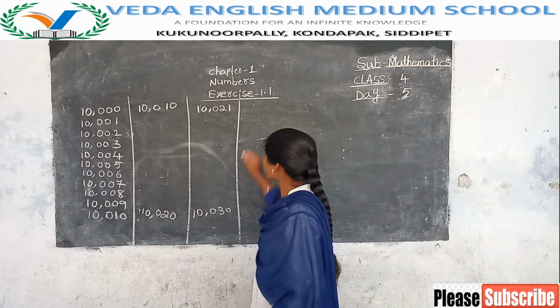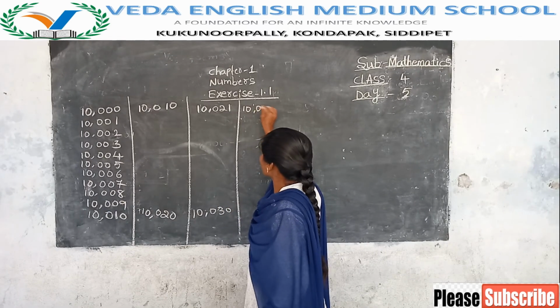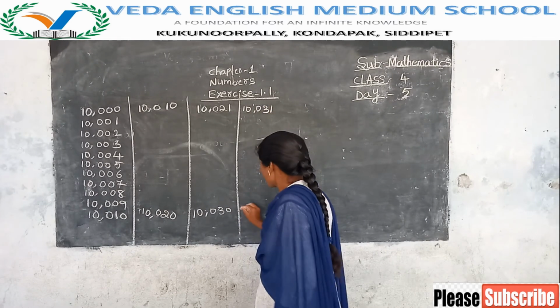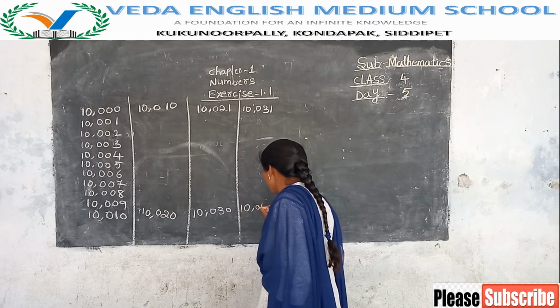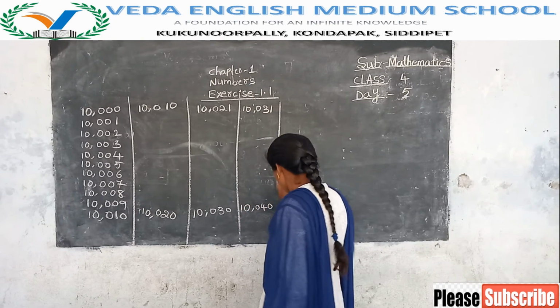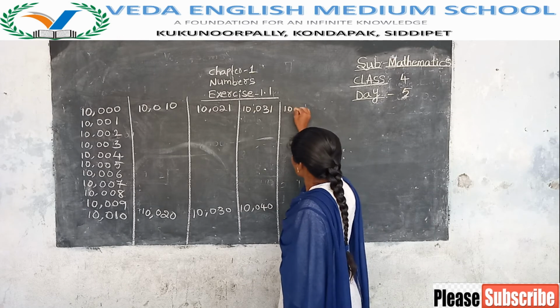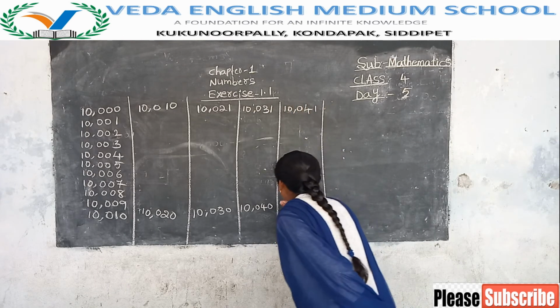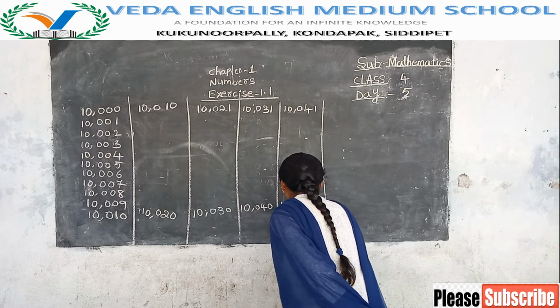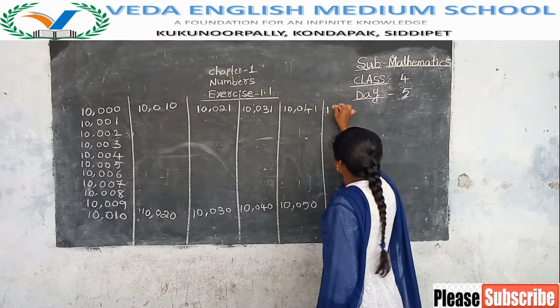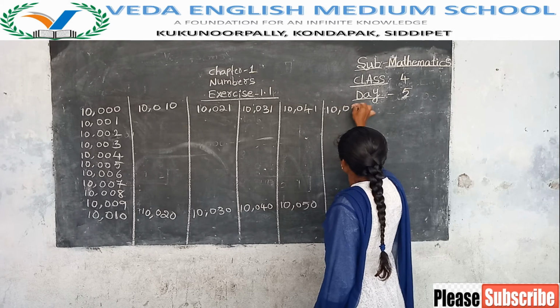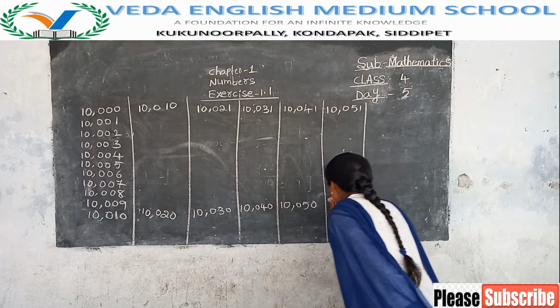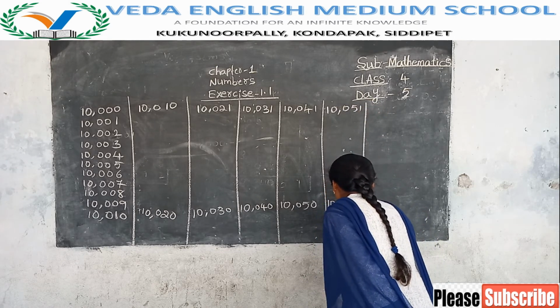Now 10,030 has completed. Now 10,031 to 10,040. 10,041 to 10,050. 10,051 to 10,060.